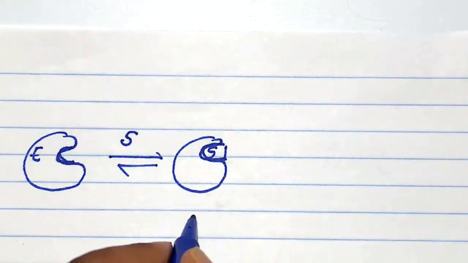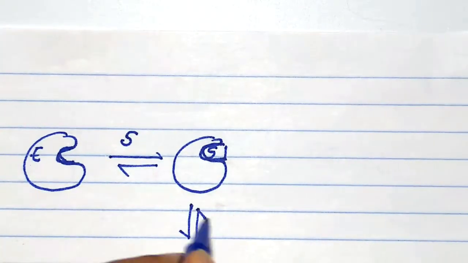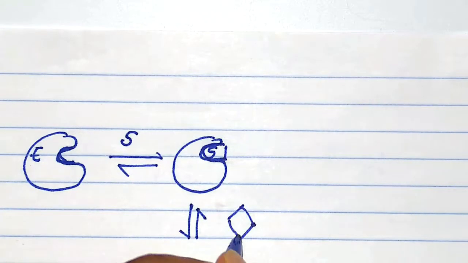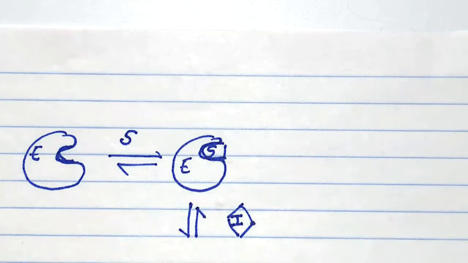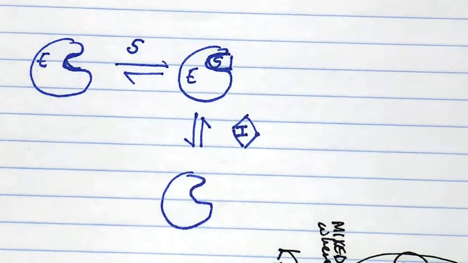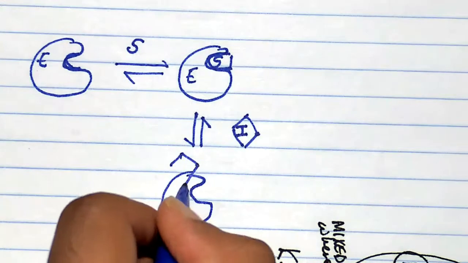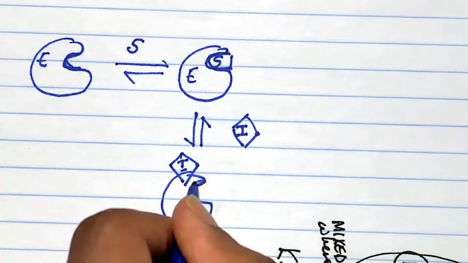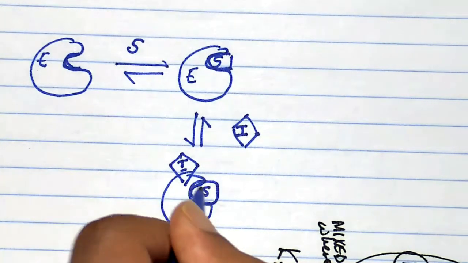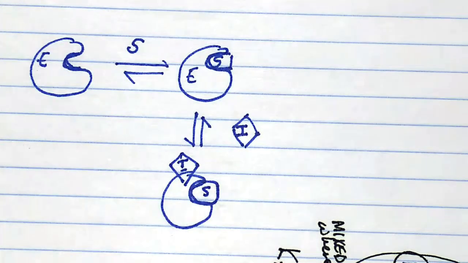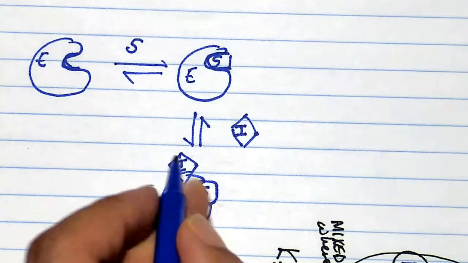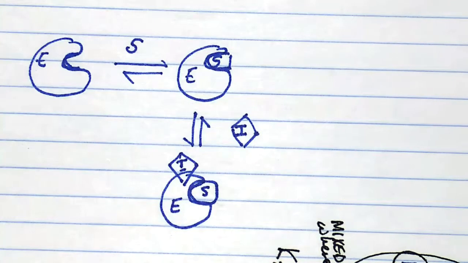However, I do have this problem here where this inhibitor can come in and mess up my product formation. And that will lead me to EIS, which is not good, the non-productive complex.